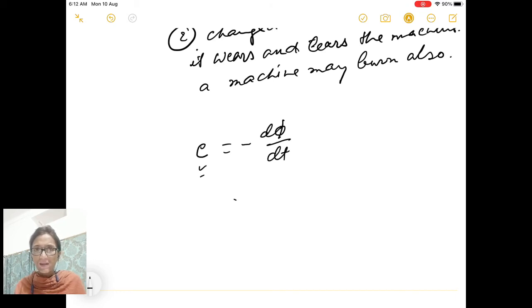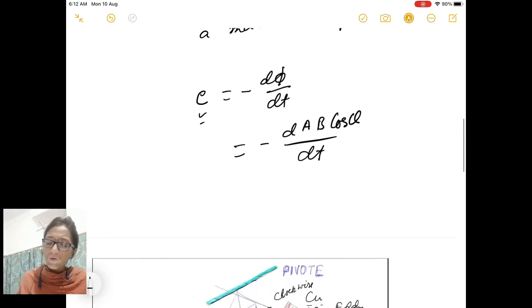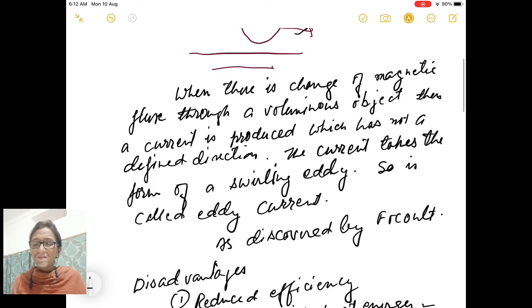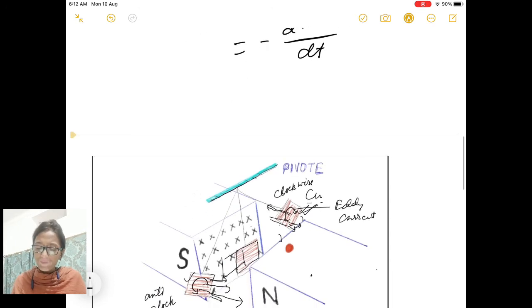So EMF can be reduced, and the ways are, let me write the formula of flux. This is your AB cos theta. Now EMF can be reduced by decreasing the magnetic field. That is not possible. By decreasing the area of the rectangular plate, this is possible.